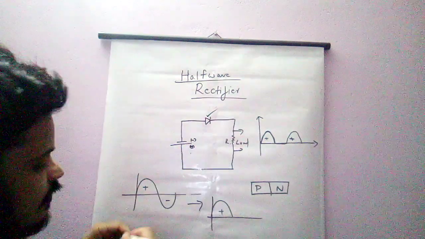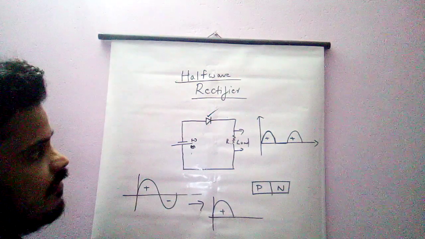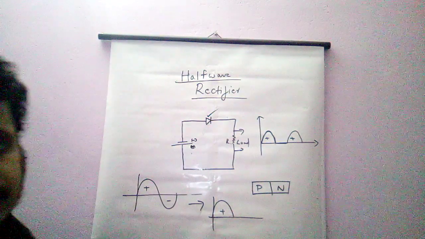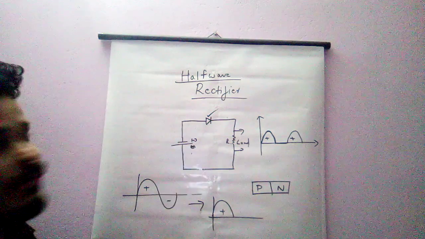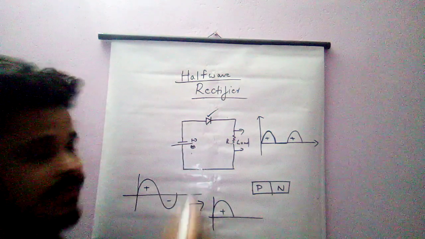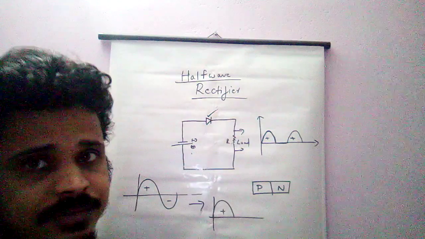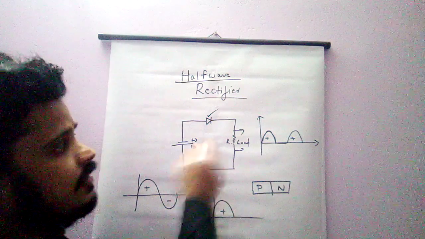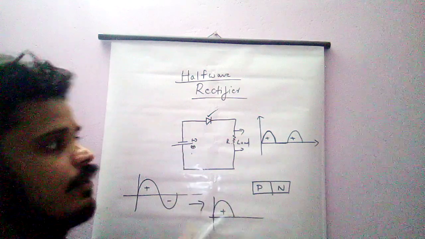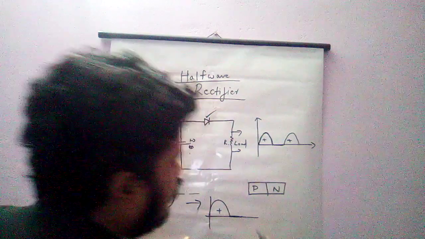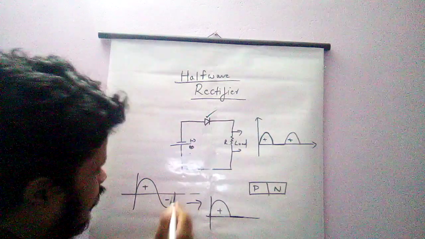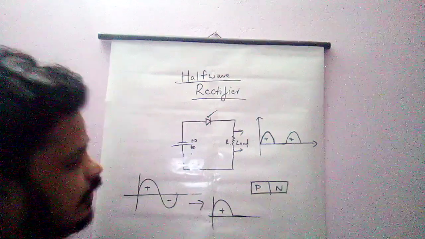So the negative is connected to the positive of the diode, and the diode will not conduct. Current will not flow, so we will not get any output at the load during the negative half cycle.